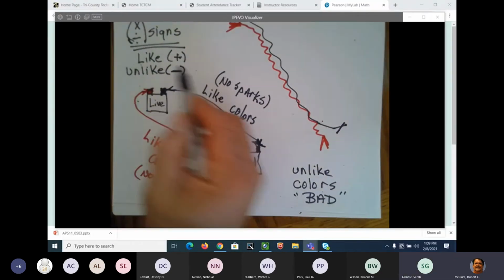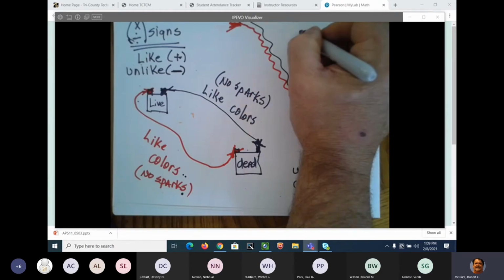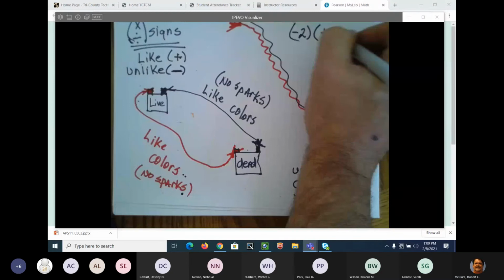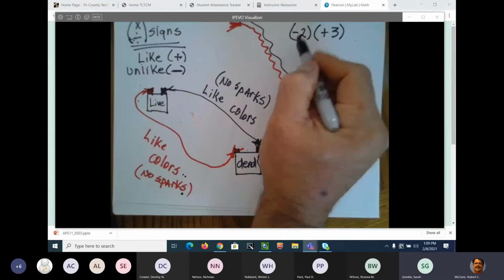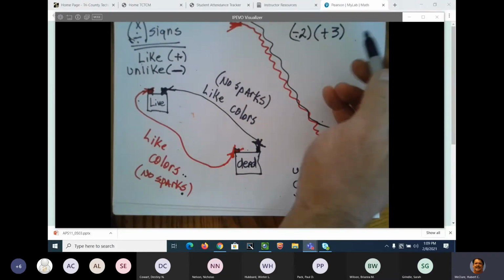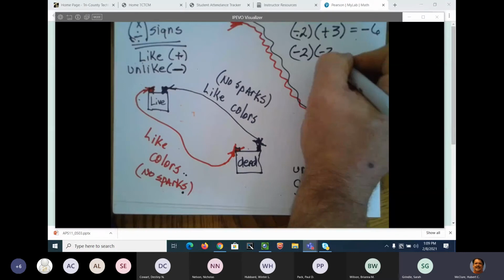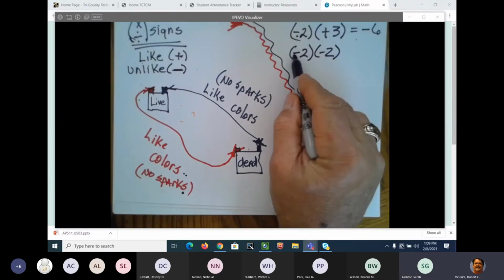Okay? So what about -2 times +3? Well, you got black and red. That's bad. What about -2 and -2? Well, here you hook black to black.